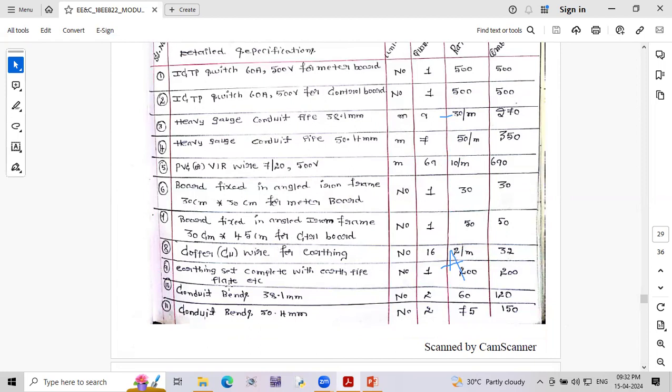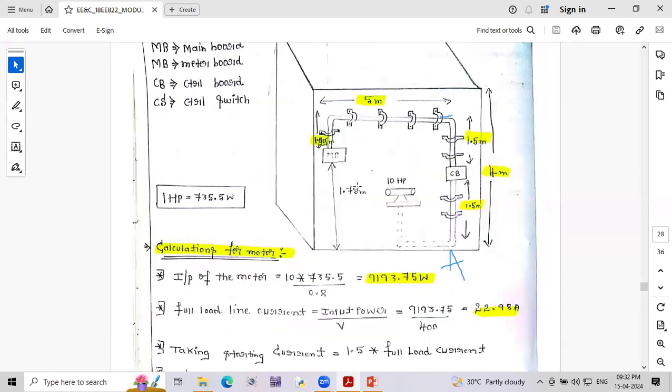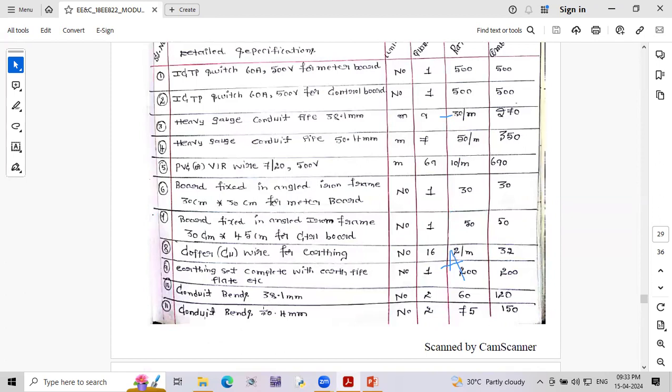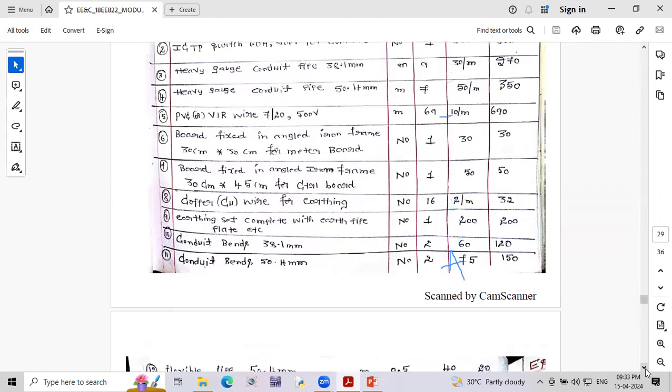Earthing set complete with the earth pipe and plate, one number is required, total 200 rupees. Conduit bends for 38 mm, 2 is enough, 60 rupees per unit, total 2 into 60, 120. Conduit bends for 50 mm, look here, one bend here, one bend, total 2 bends; here also one bend and here also one bend, total 2 bends are needed for the different conduits. So 60 rupees into 2, 75 into 2, 150 and 120 respectively.